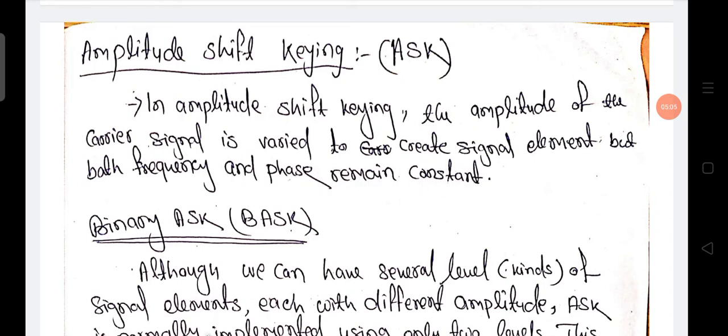As I also told you, in amplitude shift keying only the amplitude characteristic of the carrier signal is changed in accordance with the digital data given, but the frequency and phase characteristics of that carrier signal do not change and remain constant.